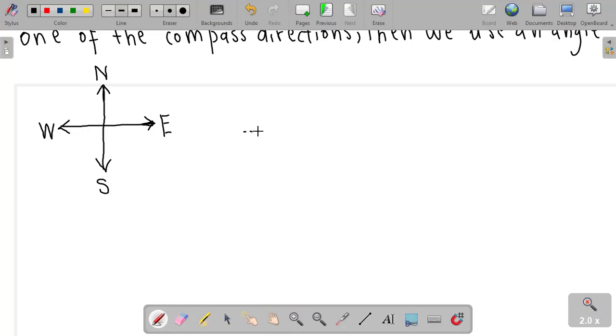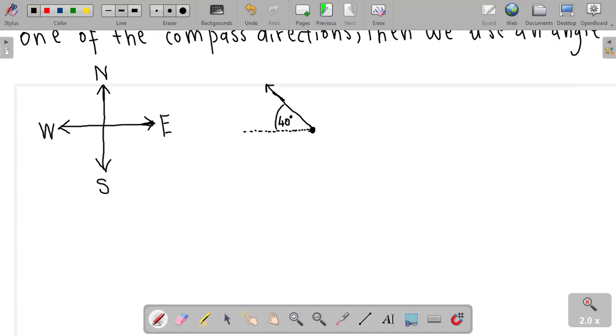So let's just look at an example. We may have a vector like this. And we have a tail, and we have a vector that goes up that way. And it's 40 degrees.